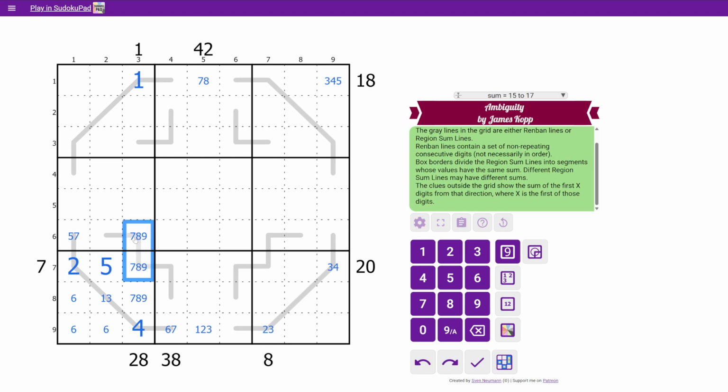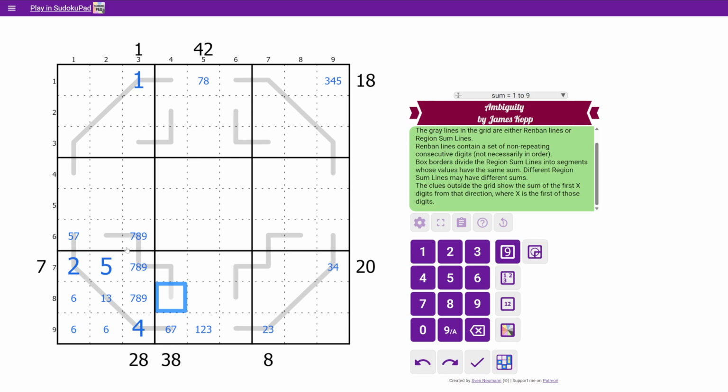But if it was consecutive, though, if I do find out this has to be a Rinband, the 5 must go there. What I was about to say was, no matter which way you start from on a Rinband, if you go from 1, 2, 3, 4, 5, you end at 5. Or if you went from 9, you would end at 5, so 5 would have to go on it.